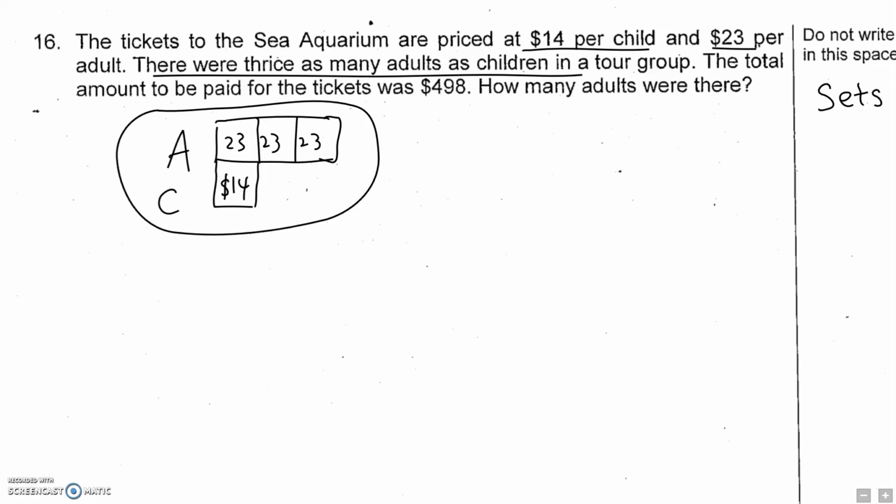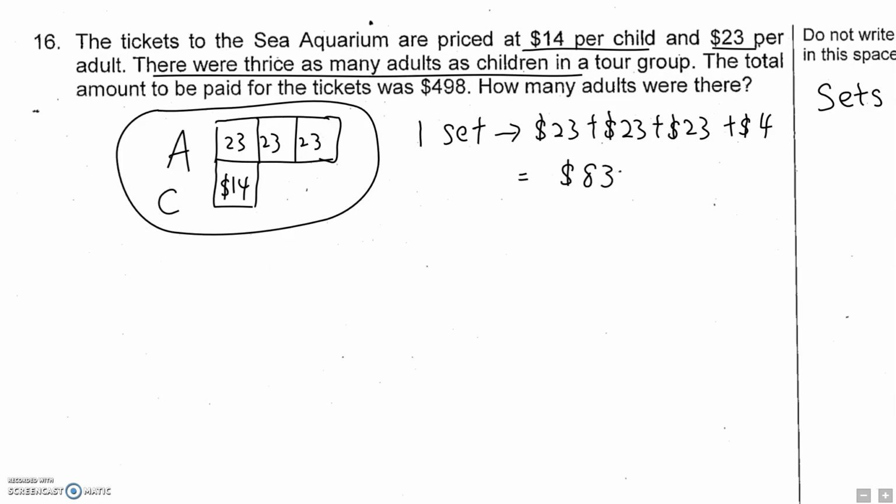And there are many of this kind of groups. Okay, so let's find out exactly one set. What is the total cost? 3 adults with 1 child all together. You have a 23 plus a 23 plus a 23 and a $14, which is the child. And this gives you a total of $83.